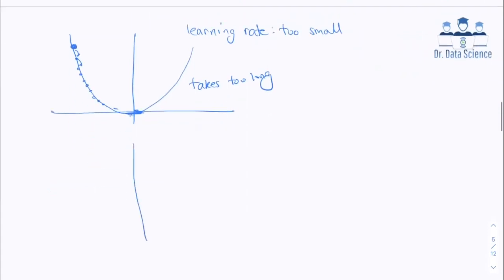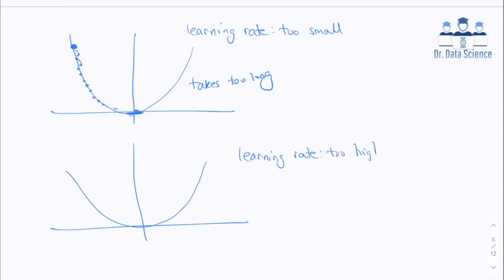On the other hand, if the learning rate is too high, what will happen is that if we start from here, then we take a huge step, we may end up here, and then from here, we may have another step, and we may also get farther from the minimum value.